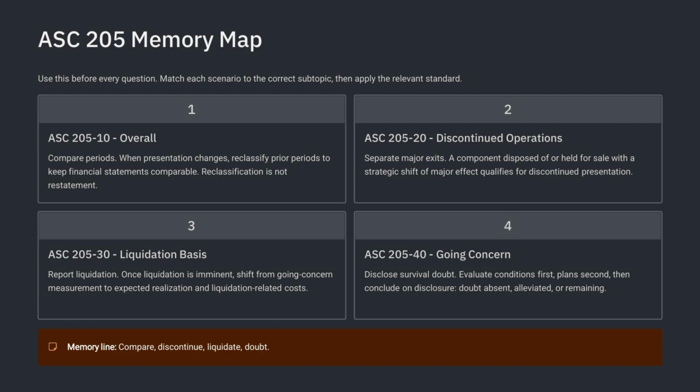ASC 205-30 is about liquidation basis when liquidation becomes imminent. ASC 205-40 is about going concern doubt, where management evaluates conditions first, plans second, and then reaches the disclosure conclusion. Keep the line in mind: compare, discontinue, liquidate, doubt.